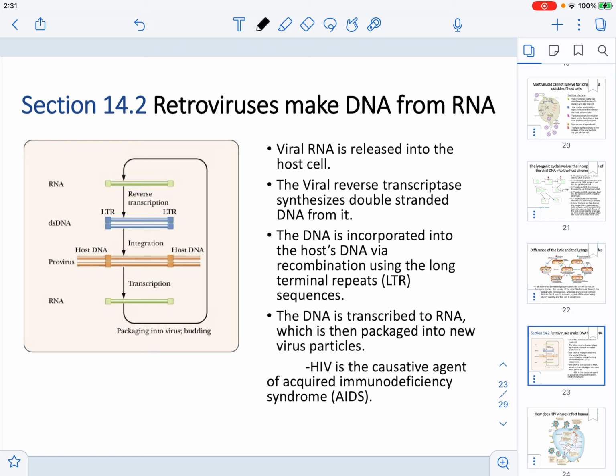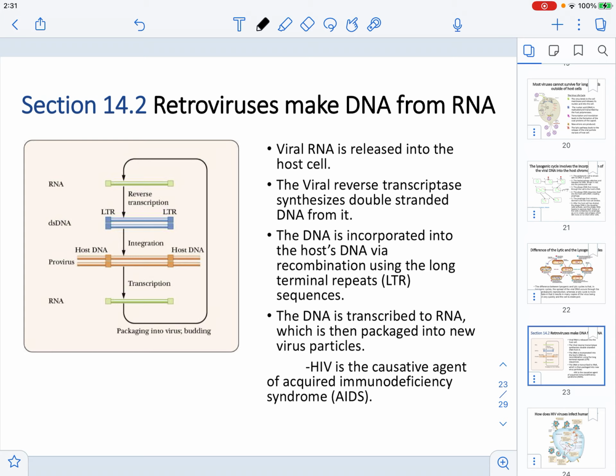And retroviruses specifically are viruses that take their RNA molecule and convert it to DNA. So understand that the image on the left side summarizes how that viral RNA gets transformed into DNA.